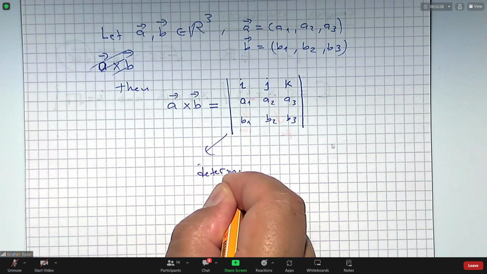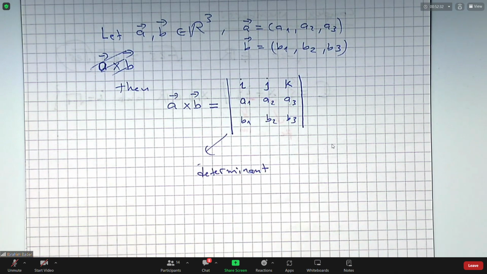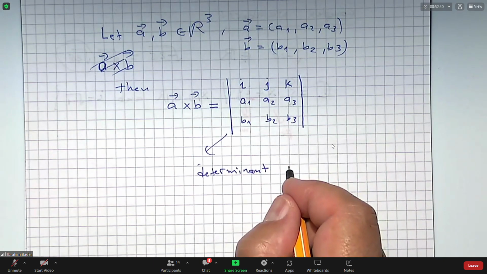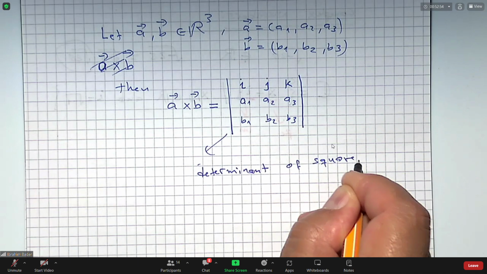What is a determinant? A determinant is a constant real number that determines a value. That's why it's called a determinant, for each square matrix. It's only defined for square matrices. What is a square matrix?